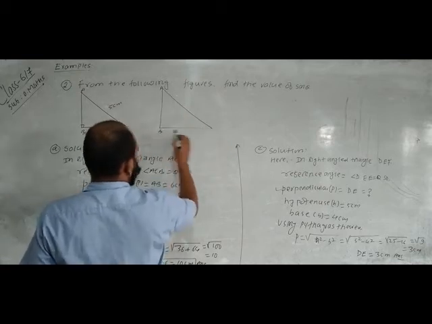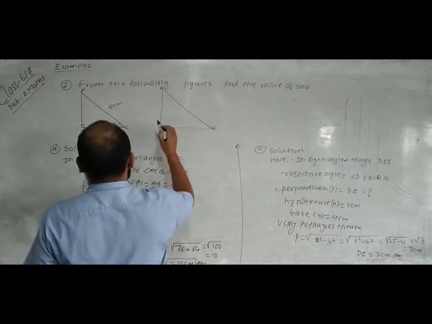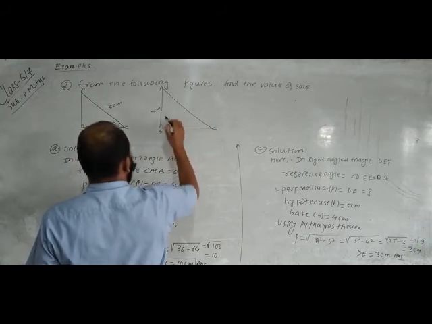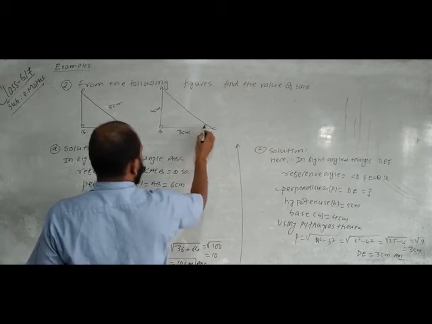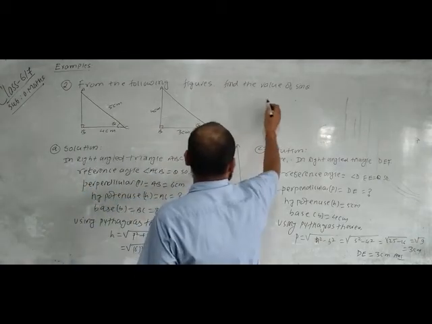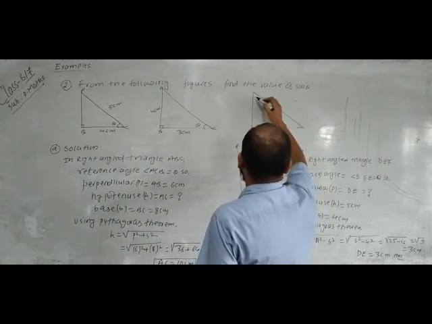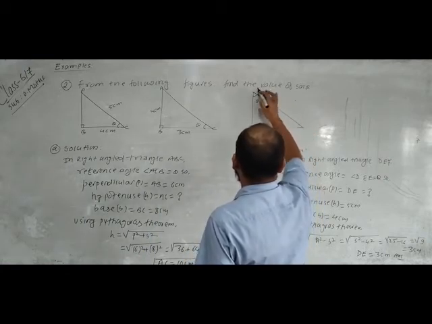A, B, C. Here this is 4 cm, and this is 3 cm, and here it is theta. This is theta.